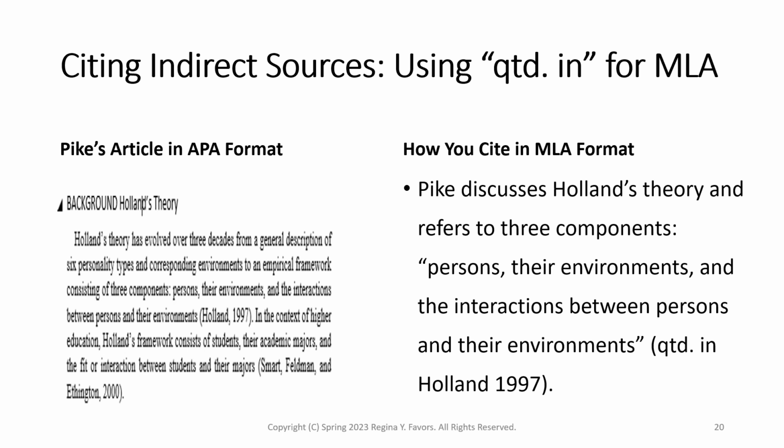So, using "quoted in" for MLA, here's the Pike article. And remember, you're going to see many references that Pike makes, like Holland, 1997 here, and Smart, Feldman, and Eddington, 2000. Those are APA formatted sources.